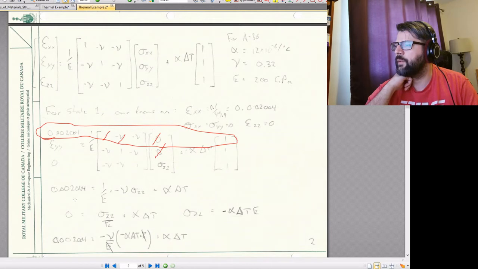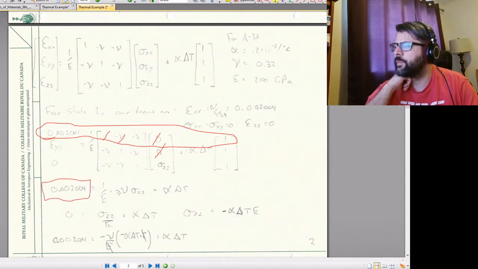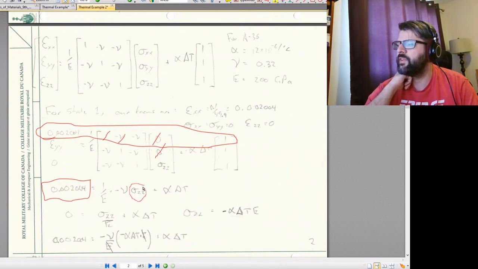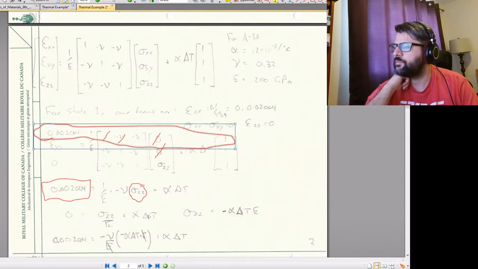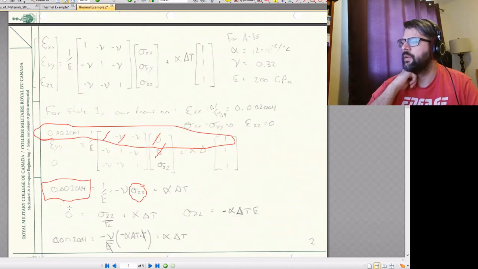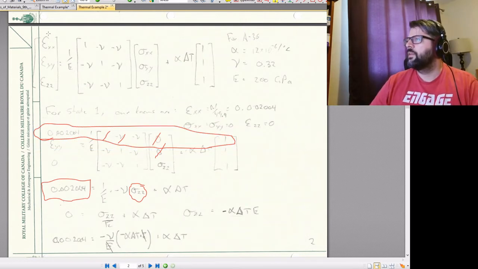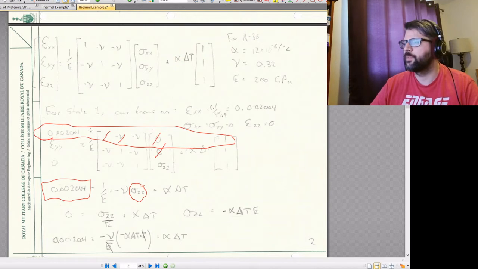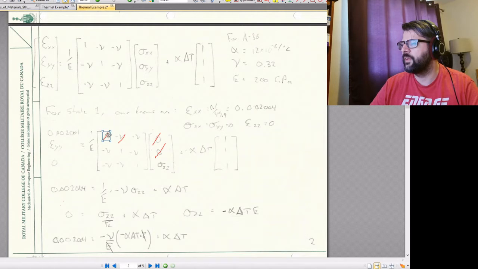So we're left here with the strain in the x is equal to 1 over Young's modulus times negative Poisson's ratio times the stress in the z direction plus this thermal term here. So that's one equation there and we have two unknowns there. So let's move on a bit and try to find something that we can solve for a bit more directly.